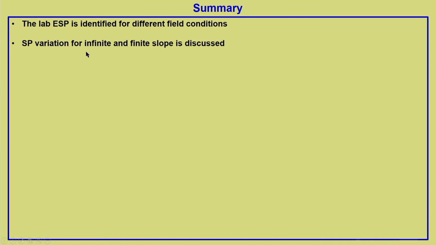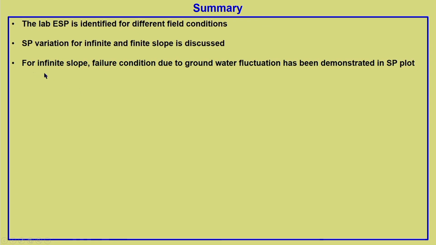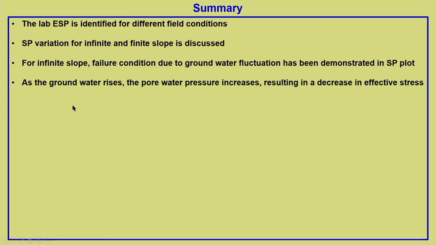Okay. So, let us summarize today's lecture. The lab ESP is identified for different field conditions. In the very first slide, stress path variation for infinite and finite slopes was discussed. For infinite slope, the failure condition due to groundwater fluctuation has been demonstrated in the stress path plot.